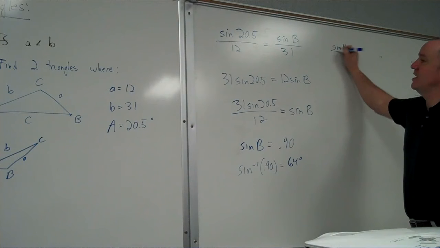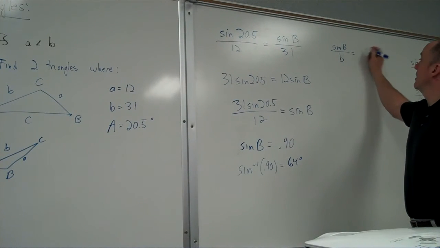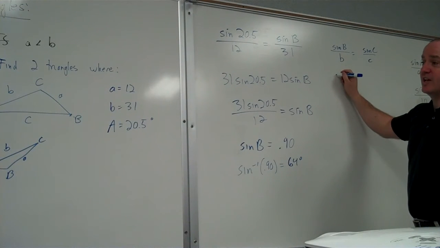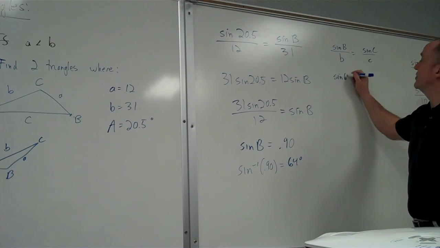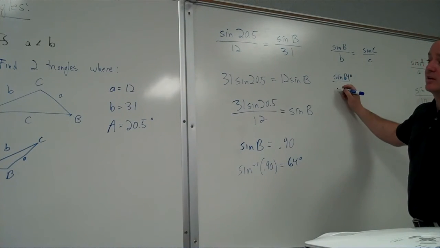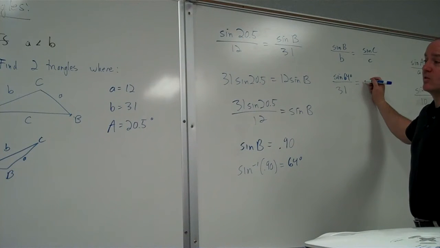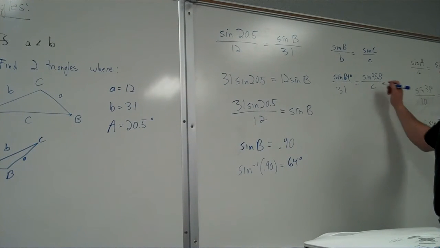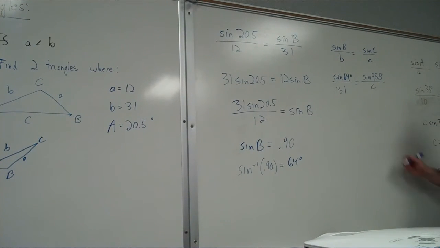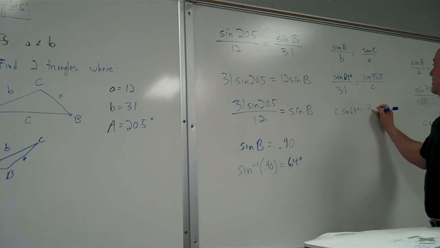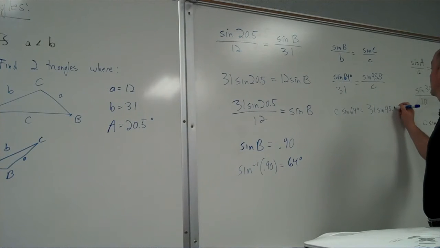Okay, so sine of B over B equals sine of C over C, which in this case is going to be the sine of 64 degrees over 31 equals the sine of 95.5 degrees over C. So C sine 64 equals 31 sine 95.5.